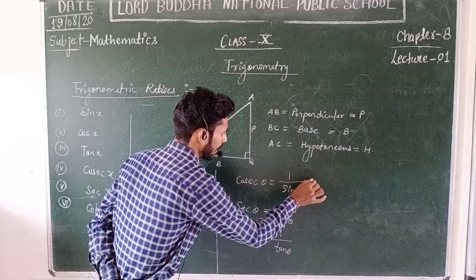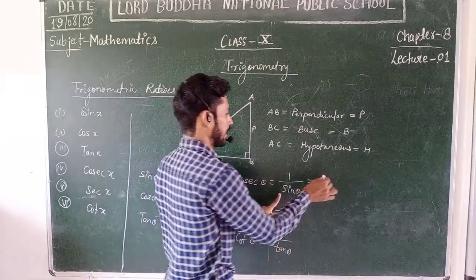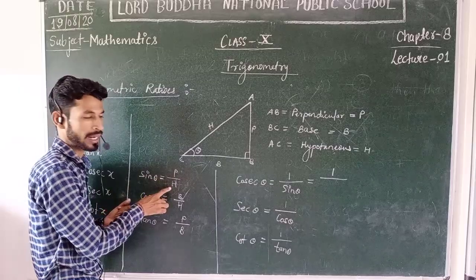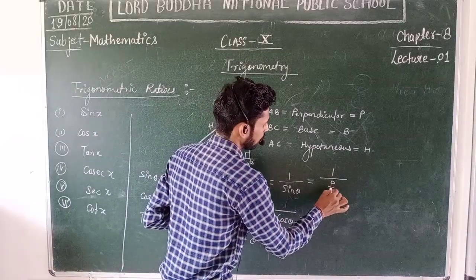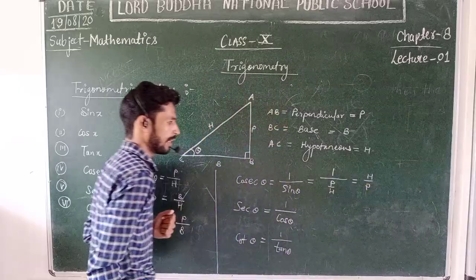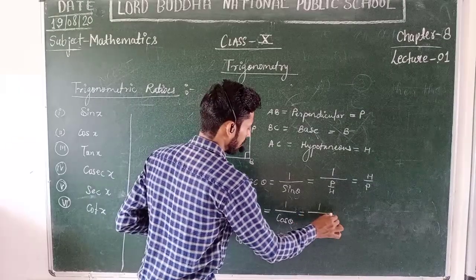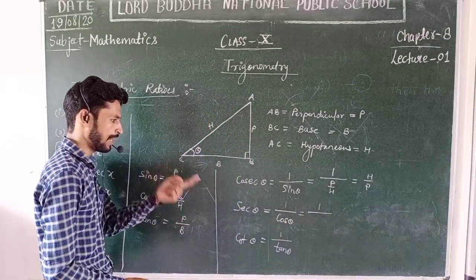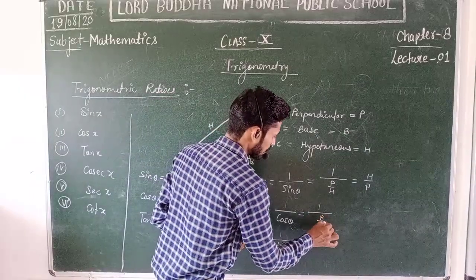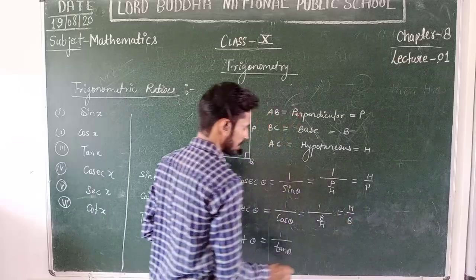Now if we want to write the ratio of cosec theta, put the value of sin theta: 1 upon, in place of sin theta we write perpendicular upon hypotenuse, so it will be hypotenuse upon perpendicular. Next is sec theta, equal to 1 upon cos theta. Placing cos theta equals b by h, that means base upon hypotenuse, it is equal to hypotenuse upon base.